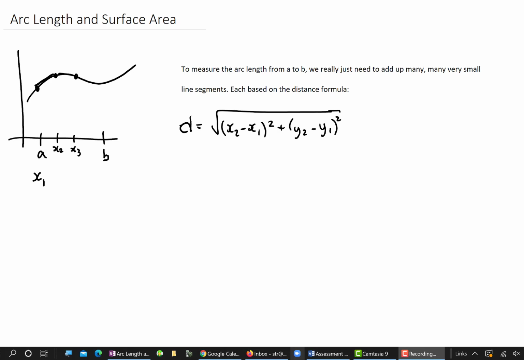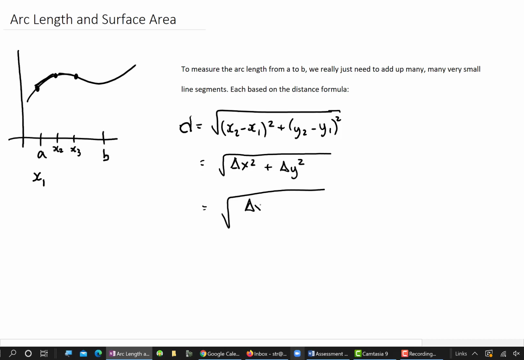What we can do in this case is think about the difference of the x values being squared and the difference of the y values being squared. With a little bit of algebraic manipulation, I can get an equivalent expression: the square root of the difference of the x squared plus delta y over delta x squared, times a delta x.